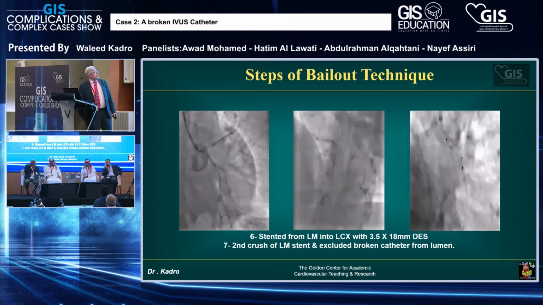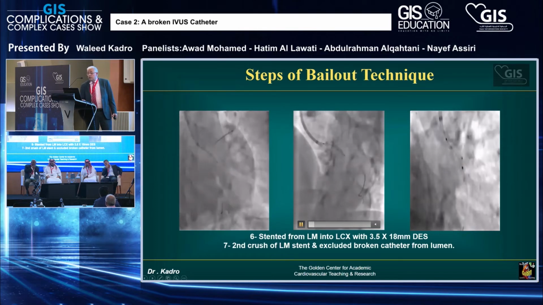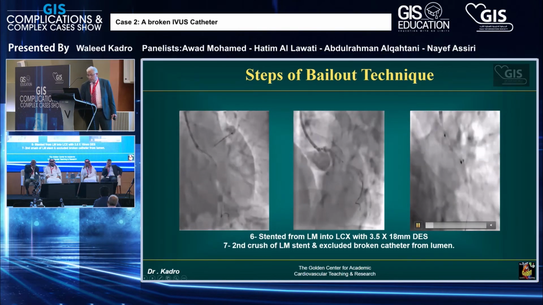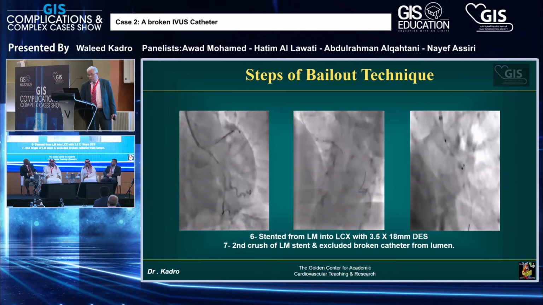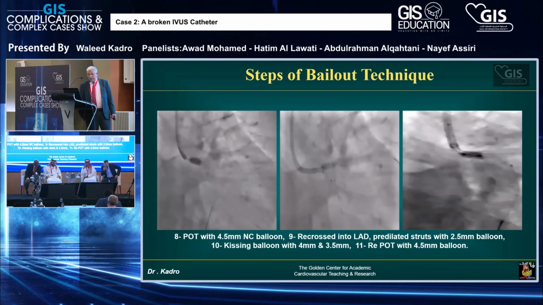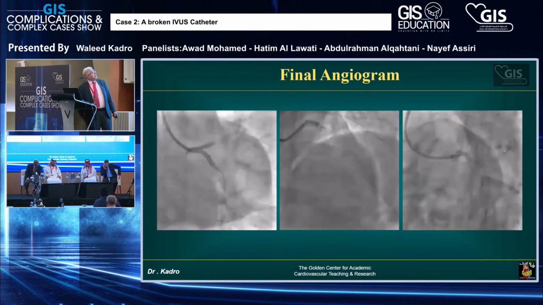And then we put the stent. Now here you see the stent from the left main to the circumflex. I put it in 3 views to document the position. Okay. And with that, we did kissing again and POT to the proximal, and this is the final angiogram.